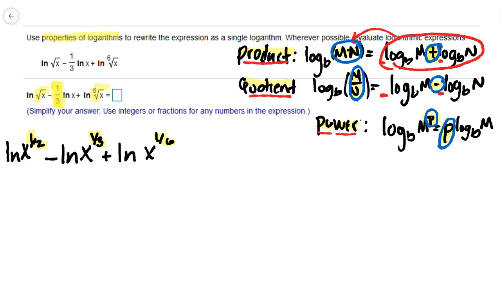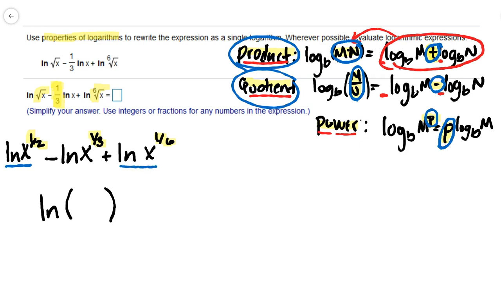Now that I don't have any more coefficients on the logs, I can use the product and quotient rule to condense to a single log. All of these are natural logs, so that's the log I'll condense to. And inside that log, you're either going to have products or quotients, and sometimes you might have both. We notice that this log and this log are both positive, but this log is negative.